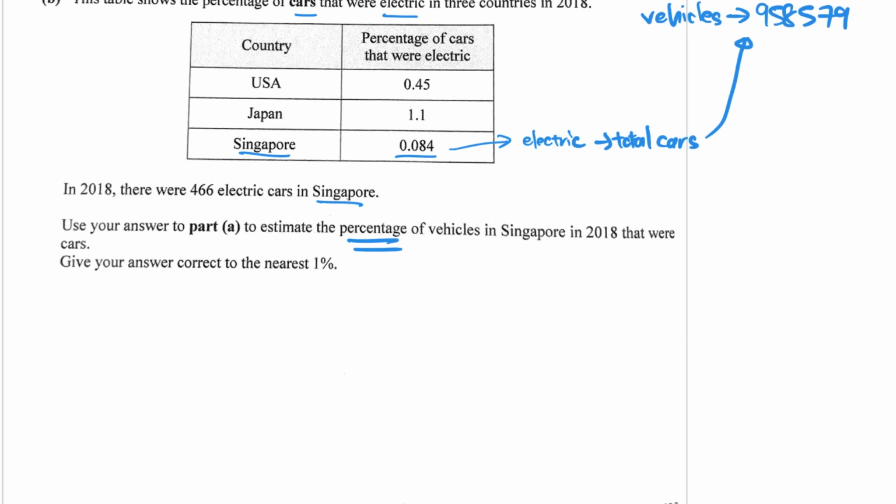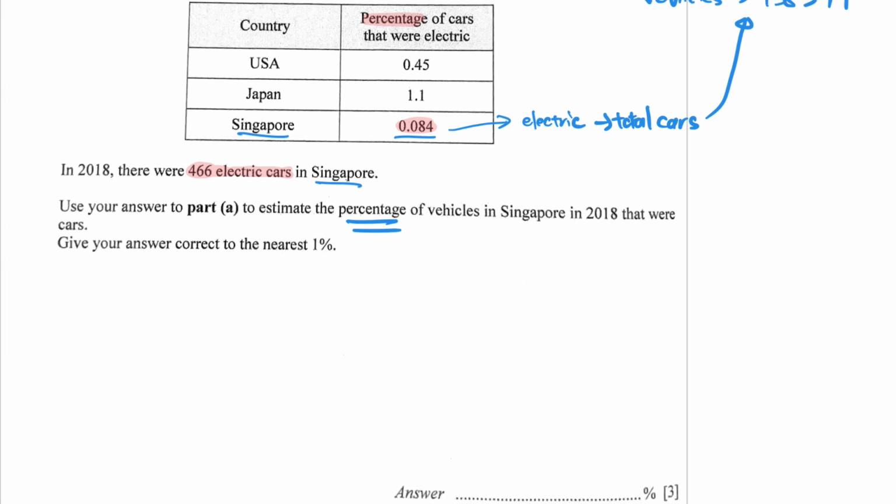So one step at a time. First one, this percentage is equivalent to this number of electric cars. So let's do it by ratio. Okay, so we have 0.084% gives us 466 electric cars.